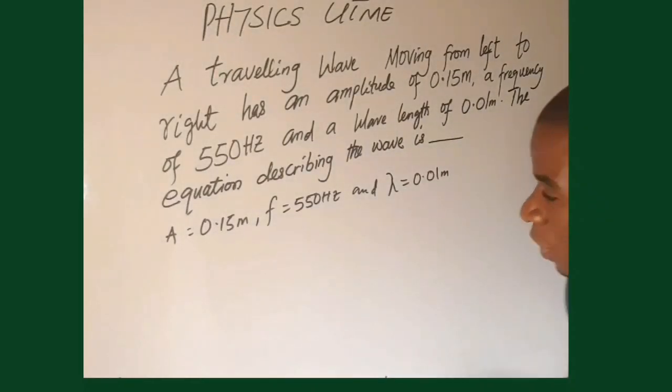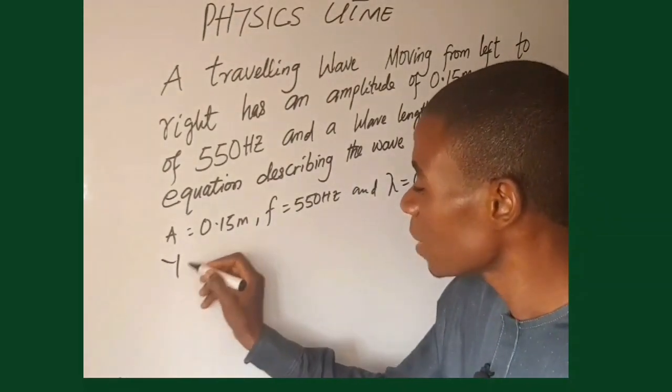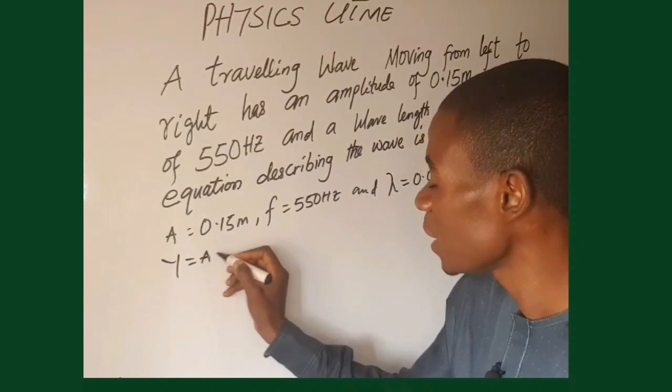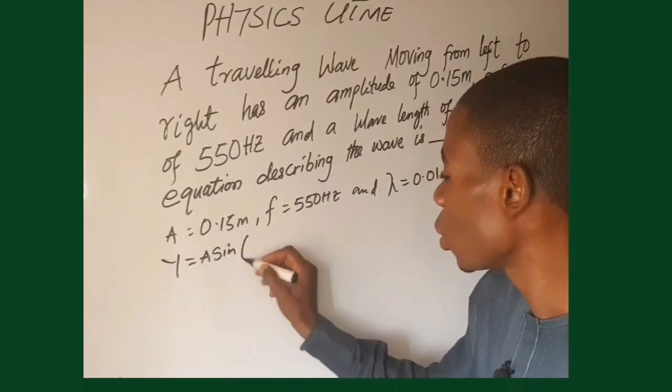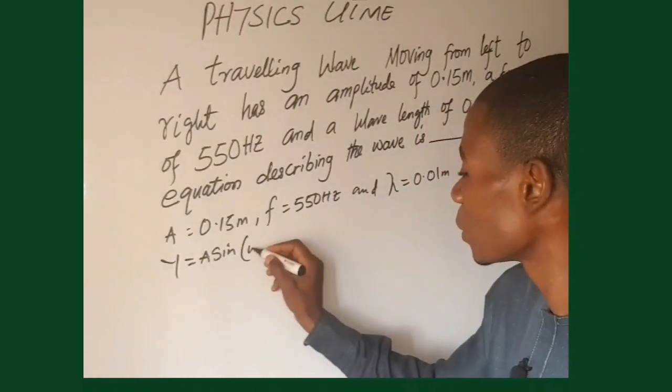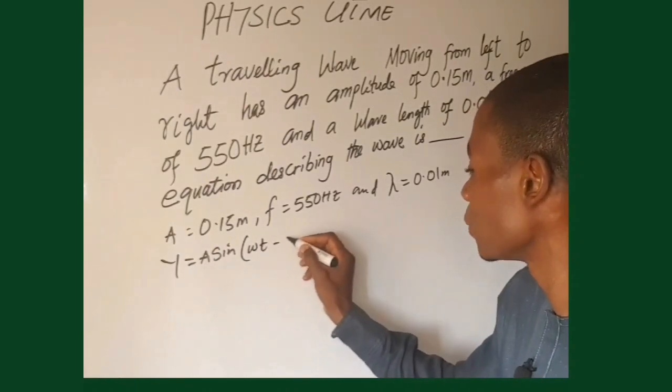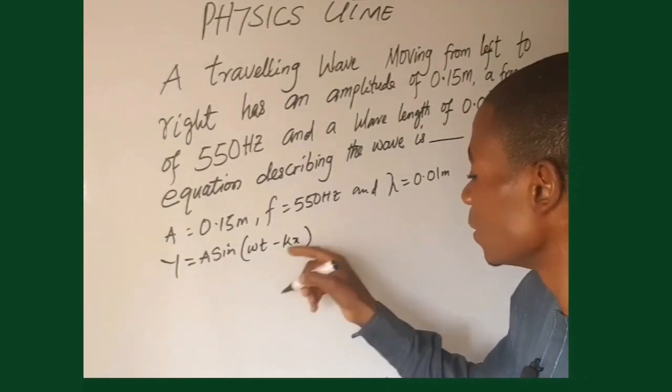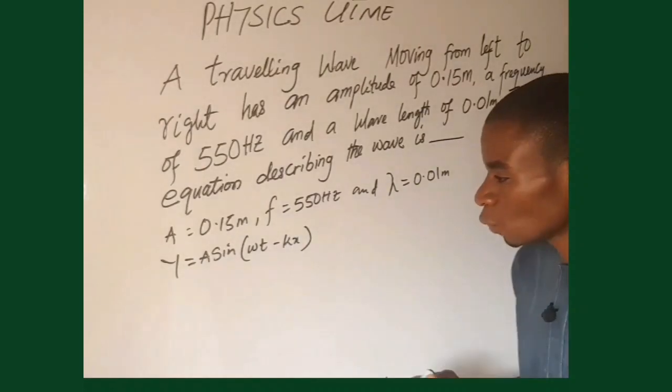But the equation of wave is given by y is equal to A sine open bracket omega t minus kx. This is the equation of wave.